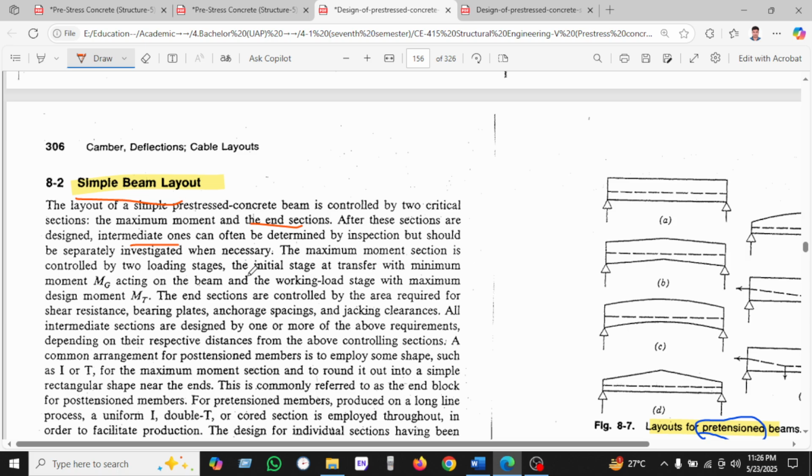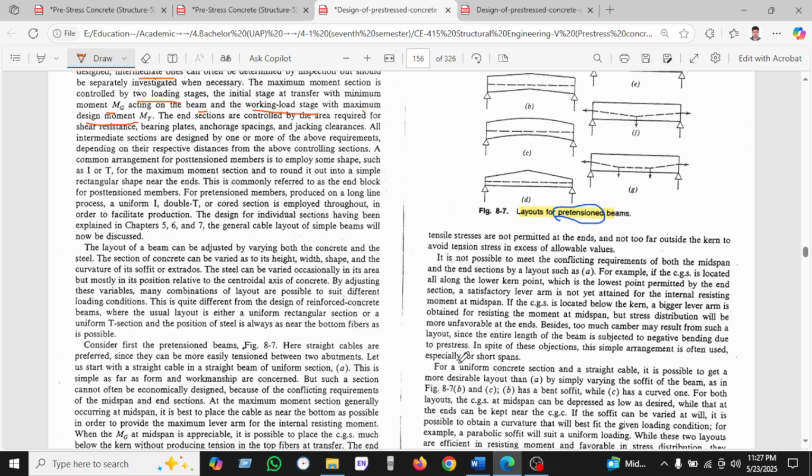The maximum moment section is controlled by two loading stages: the initial stage at transfer with minimum moment, which is Mg, the girder moment acting on the beam, and the working load stage with the maximum design moment, which is Mt.